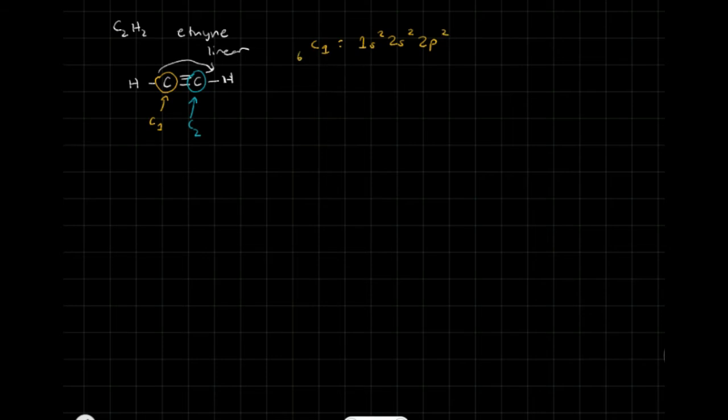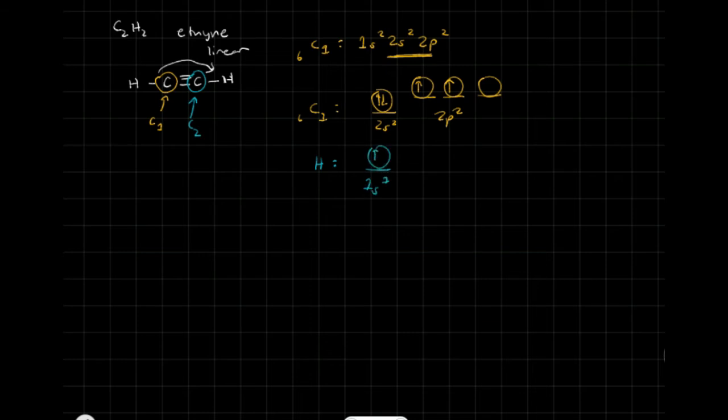I'm going to look specifically at its valence shell, which is going to look like 2s2 and then 2p2, just like that. And hydrogen is going to look like 1s1.